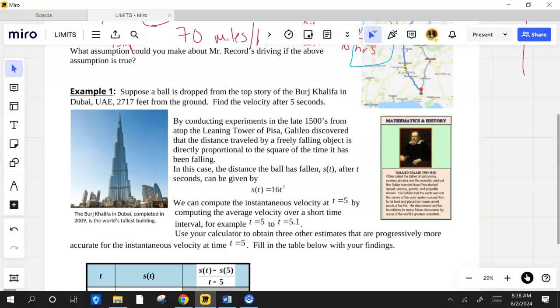I can't find that velocity at that specific point, right? I don't have enough information, but what can I find? I can find a rock. I can find not the velocity, but the average velocity here. Do you see the difference?